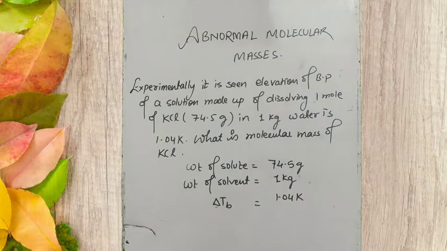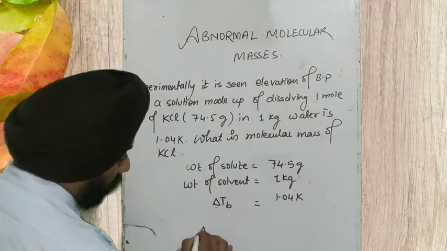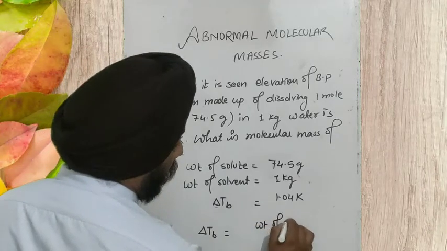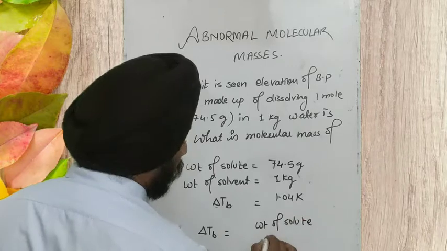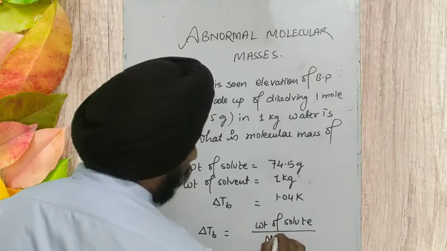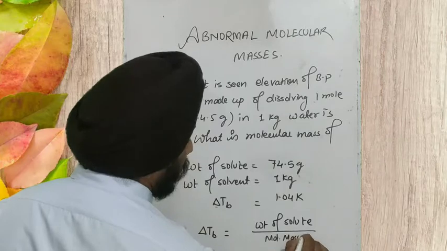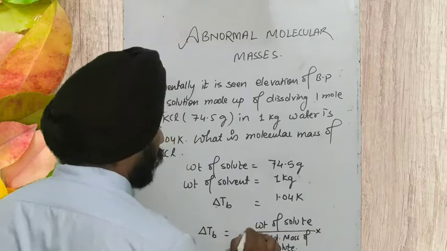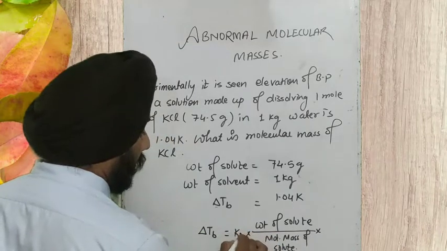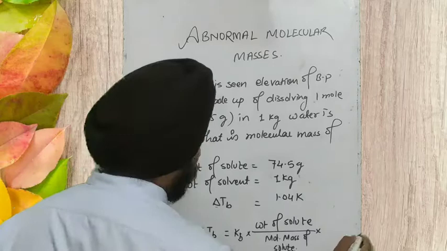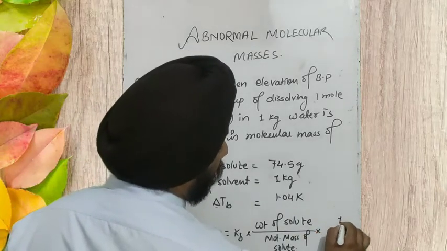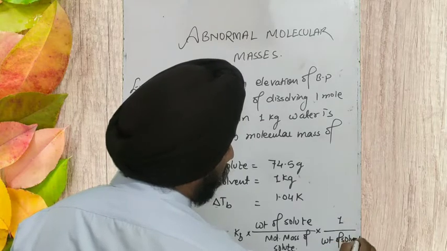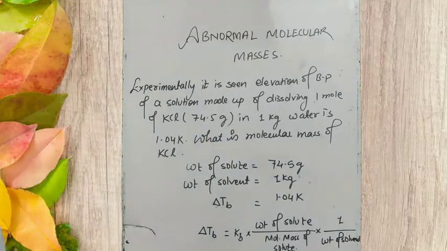So delta TB is equal to weight of solute upon molecular mass of solute, into KB, the ebullioscopic constant, into 1 upon weight of solvent. This is the formula we have.